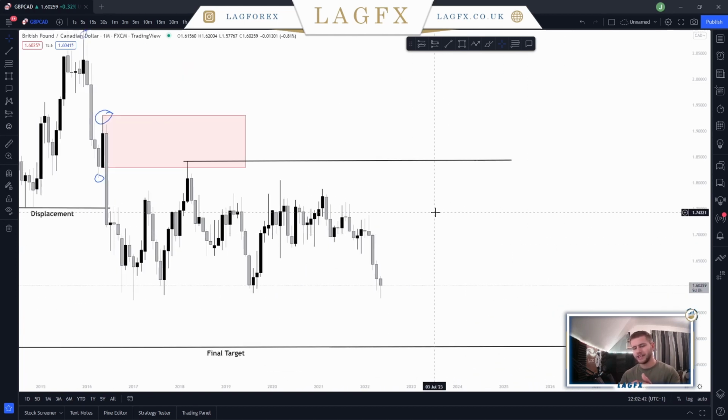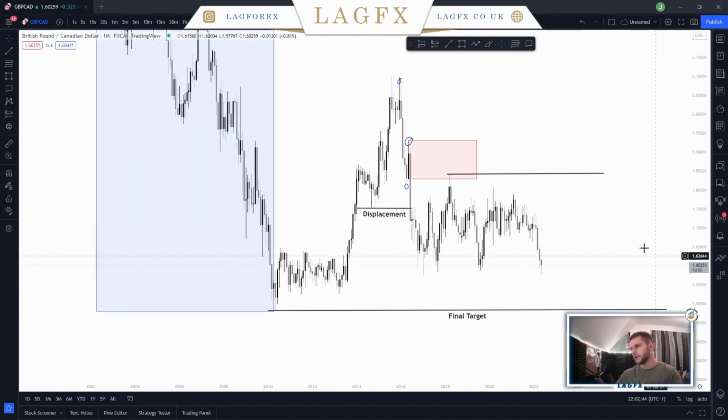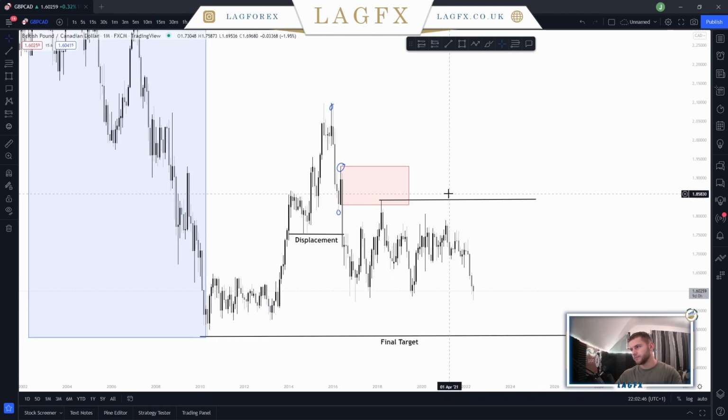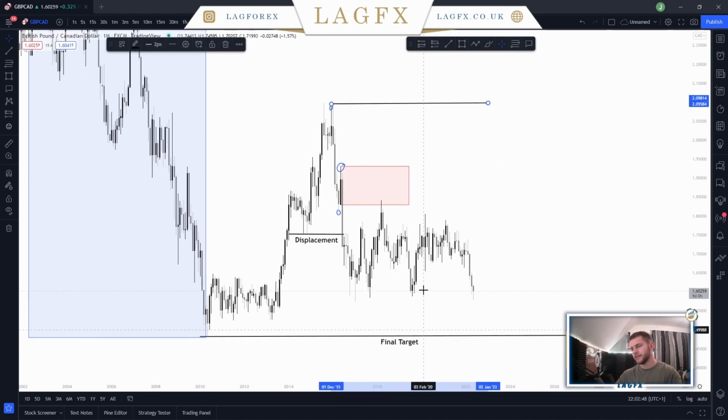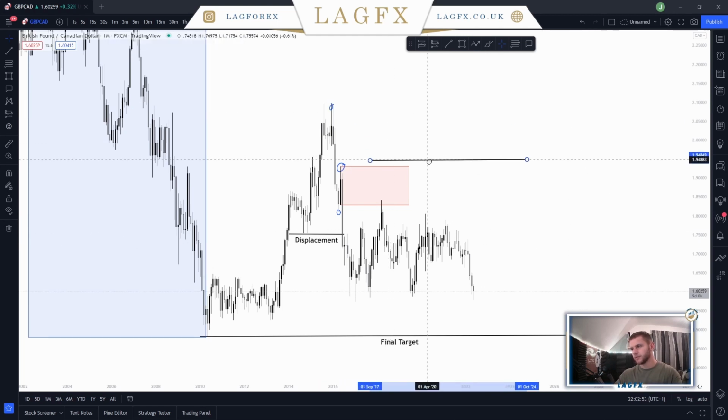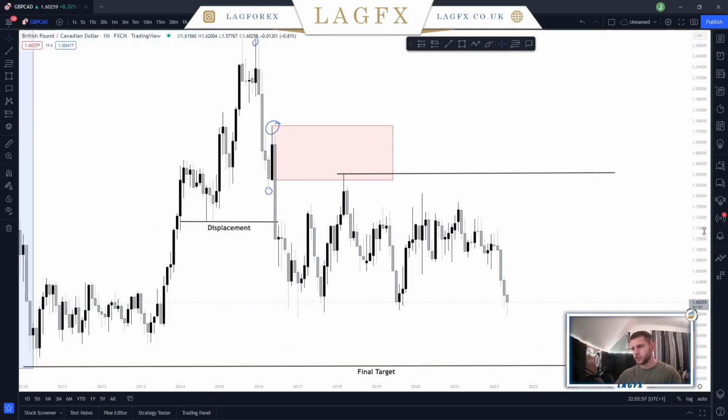So we're tightening that range, because beforehand the range was actually from this high down to here. We had this entire region as a range.